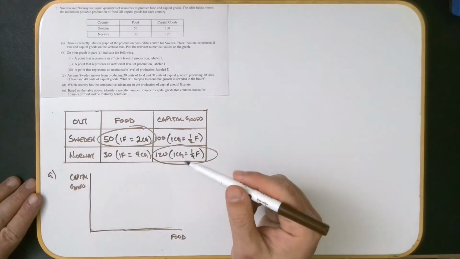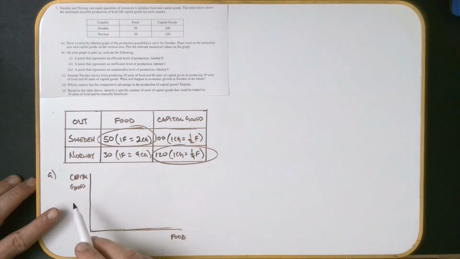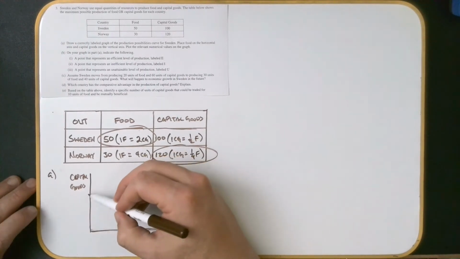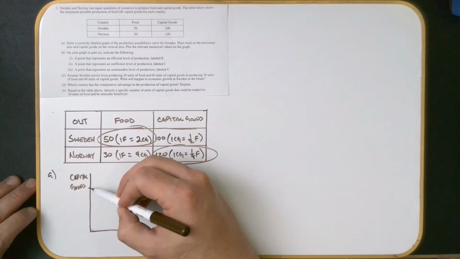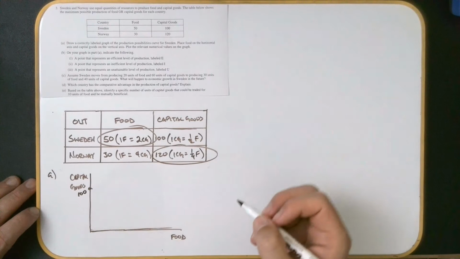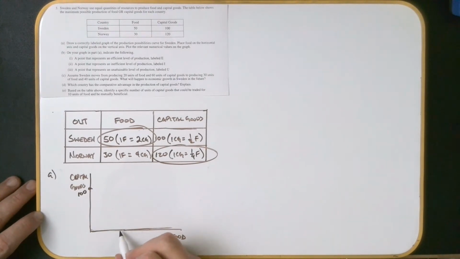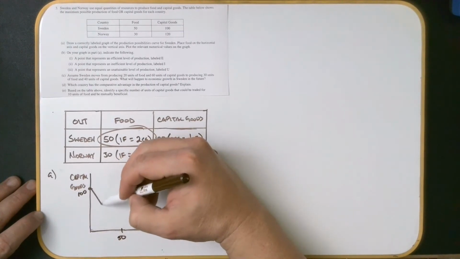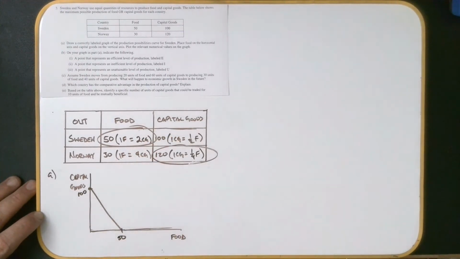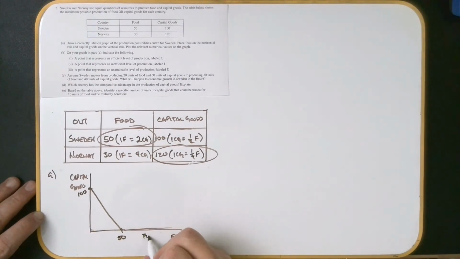So we have capital goods, and our capital goods for Sweden was 100. So we can just pick a point on here, right there. I'll try to make this a little bit to scale. So there's 100, and then for food for Sweden is only 50. I'll make it a little closer. Could have made this a little shorter, obviously.